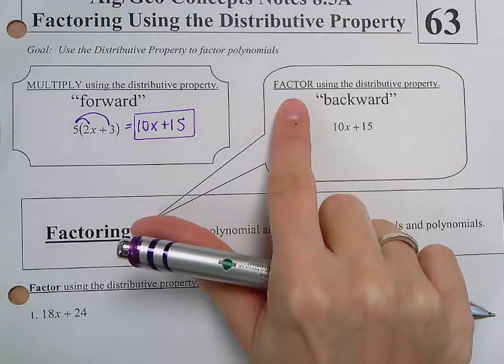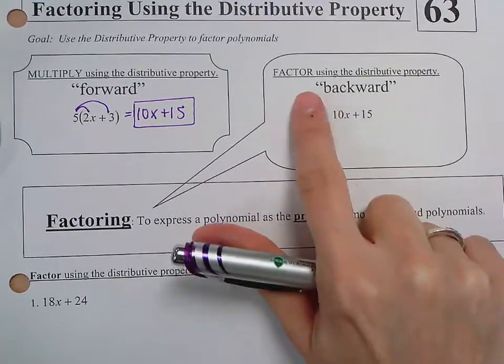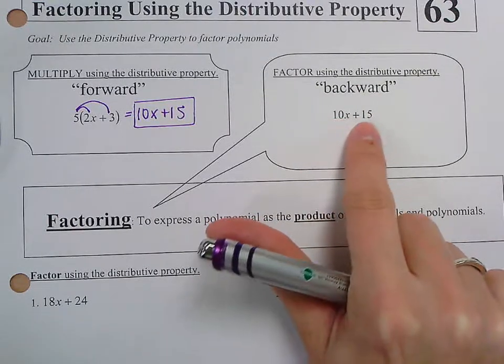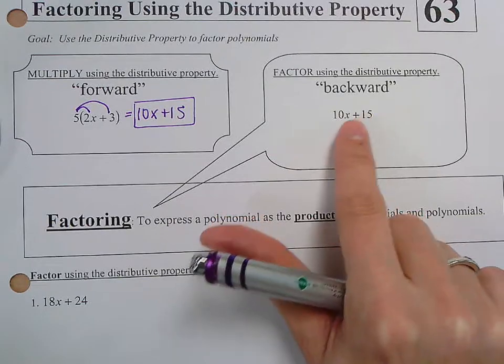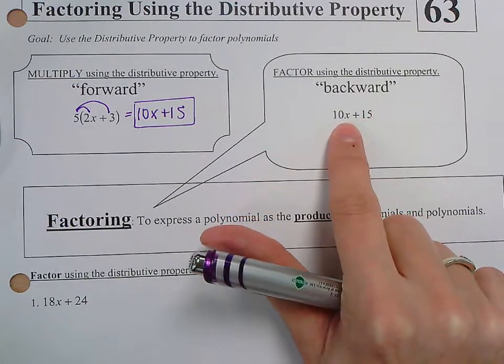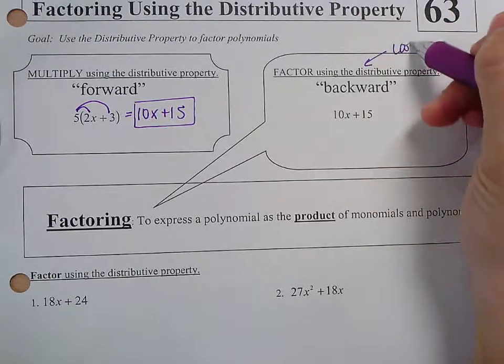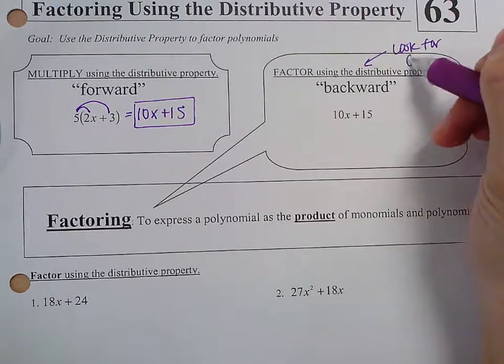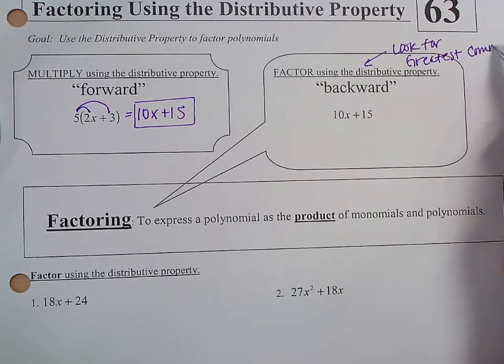So when you factor using the distributive property, you're looking for the greatest common factor between the terms. So what is the greatest factor that they have in common? If you want to make that note to yourself here, you look for the greatest common factor, that's also known as the GCF.